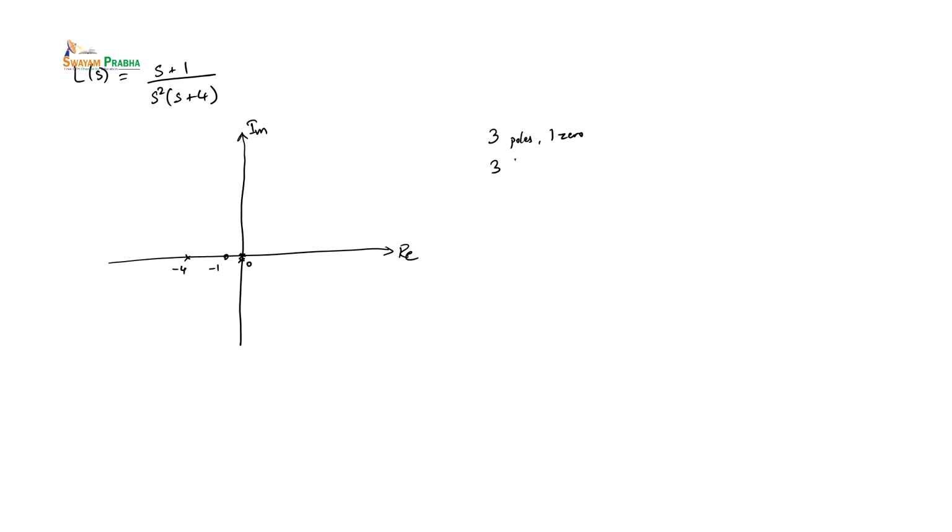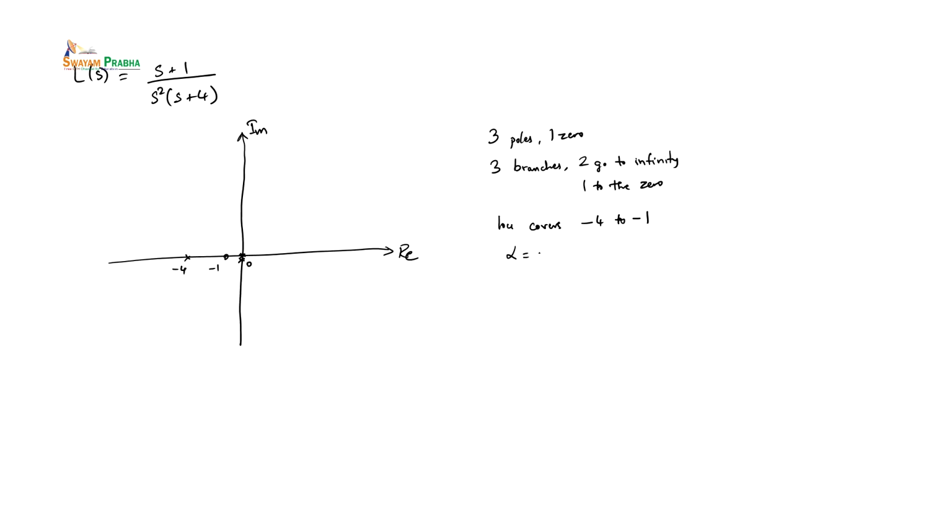We will have 3 branches, 2 going to infinity, 1 to the zero. And similar to the last case, loci covers in the real axis minus 4 to minus 1.